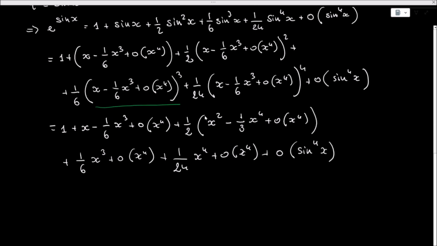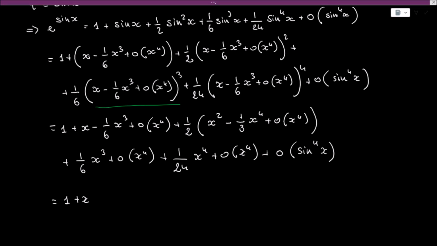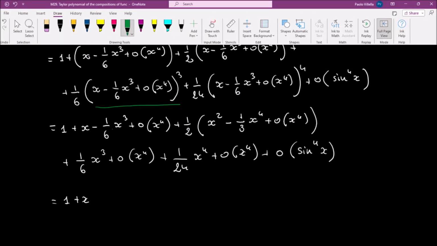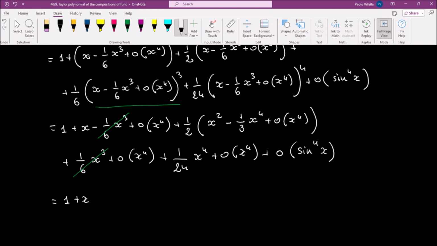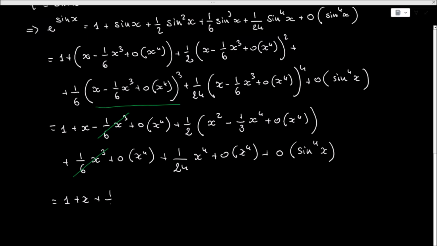Okay, and let's see what kind of simplification we can do here. Well, of course we have 1 plus x, and we see that we can just cancel out minus 1/6 x to the cube with plus 1/6 x to the cube, right? And then we have plus 1/2 x squared.